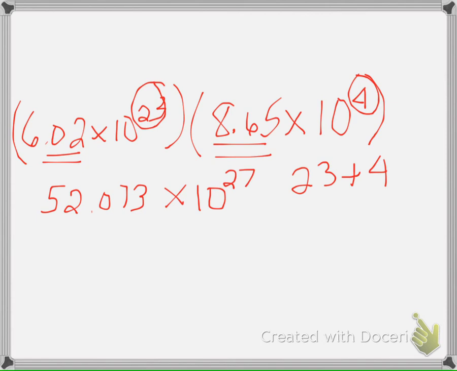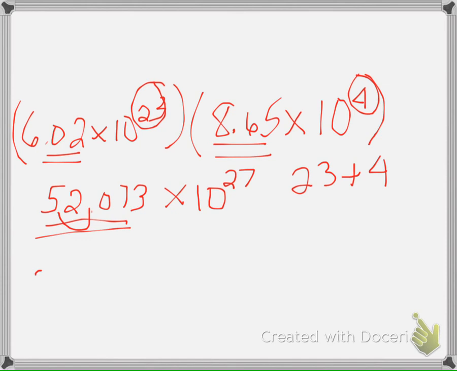Now, why do I say preliminary? Because look at this number here, 52.073. And remember a moment ago I said in scientific notation, where do we want our decimal? After the first number. So we're going to have to move our decimal over one spot.